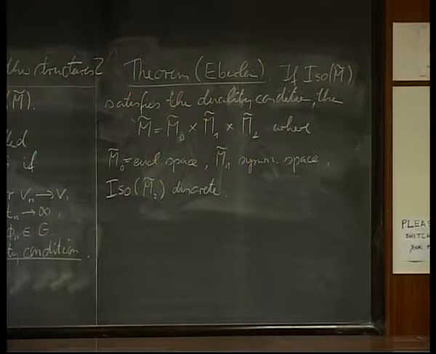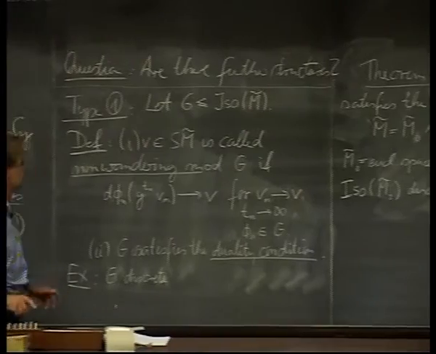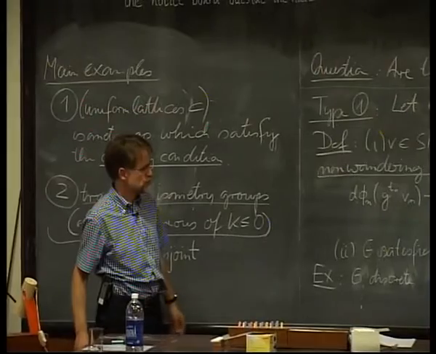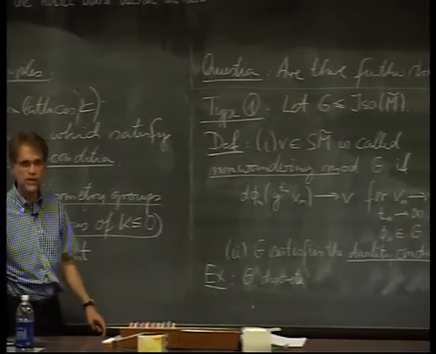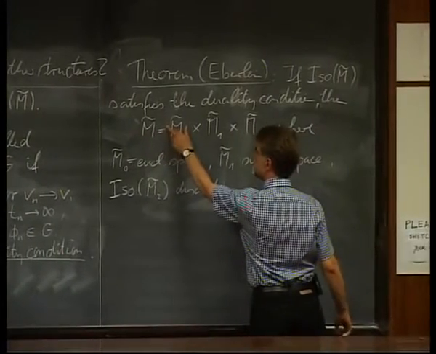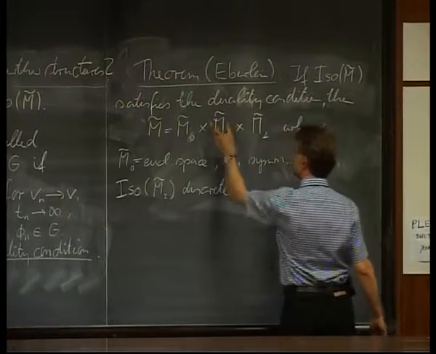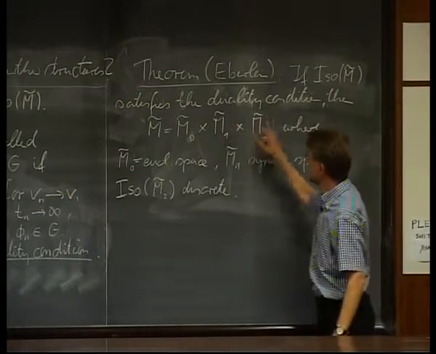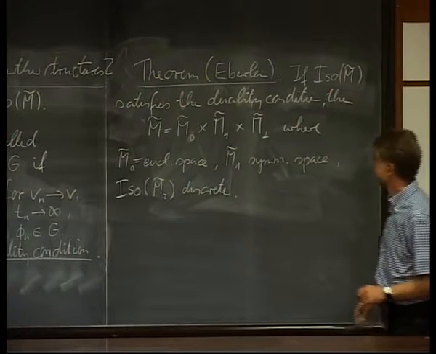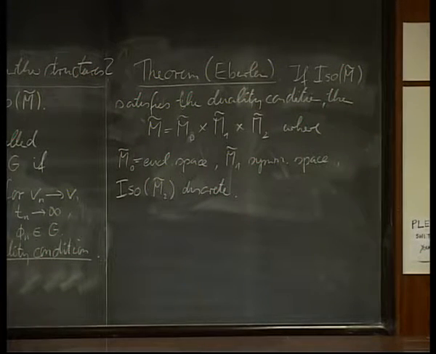So for that reason I will call co-compact isometry groups which satisfy the duality condition essentially discrete, since in this case we might just as well pick a discrete subgroup or a lattice in M naught tilde and a uniform lattice in M gamma tilde, and the product of these will be a discrete subgroup acting on M tilde. So such groups, that's why I will talk about essentially discrete groups.